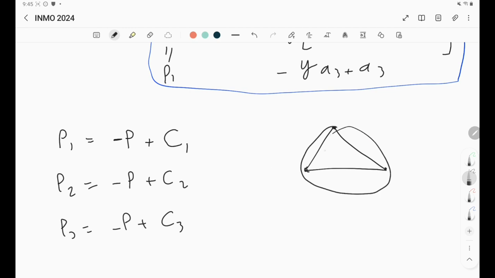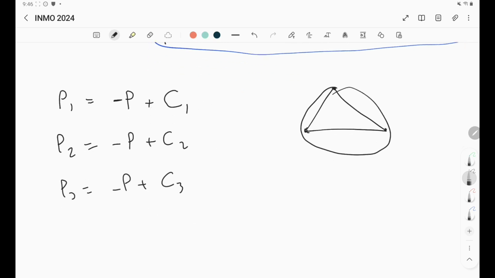If you shift it by adding or subtracting some number, it's still going to be the same circumradius. So we can literally do a transformation. We can subtract negative p, so we can literally cancel these and instead work with these edited points, c1, c2, c3. Given this triangle c1, c2, c3, these are the complex numbers that represent the triangle. We just need to show that the circumradius is less than 1.